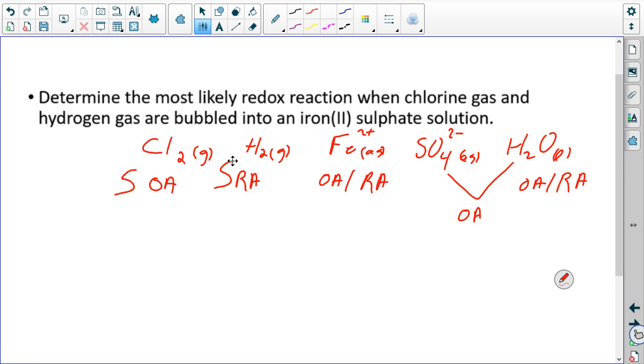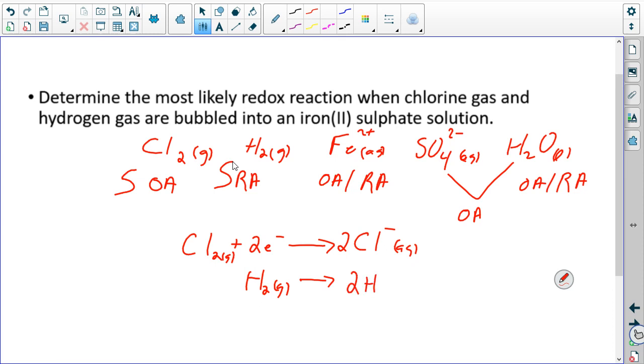So right now what we have, Cl2 plus 2 electrons yields 2 chloride aqueous. We have H2 gas yields 2 H plus aqueous and 2 electrons.